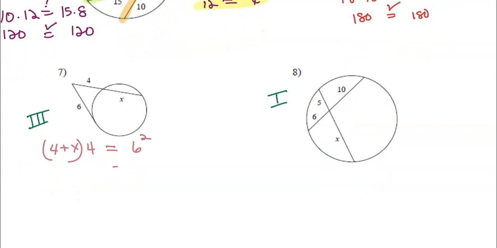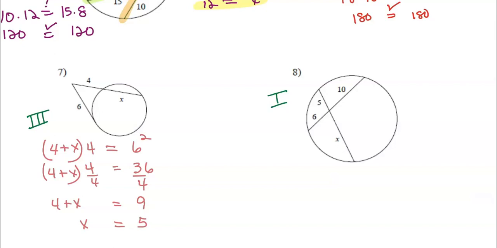So let's work on keeping our numbers small again. I'm going to square that, rewrite this using my parentheses, and divide both sides by 4. 4 plus x equals 9. So subtract 4 from both sides, and x equals 5.